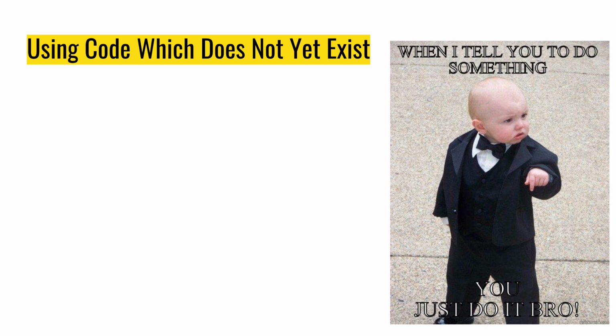What would you do? You're asking me? Yep. Sorry, can you repeat that? So imagine that you need to call some code base, something which you should implement, but it doesn't exist yet. So how do you work around this issue? Working with code which does not yet exist.